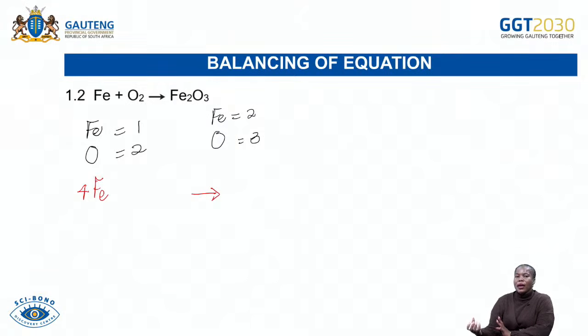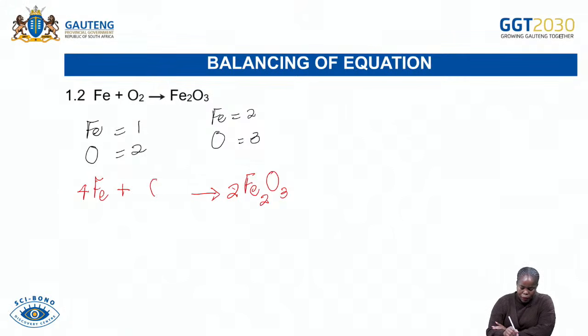How can I make iron to have 4 atoms? That means I have to add 2, because 2 times 2 will then give me 4. Remember this is a compound, so it exists like that.